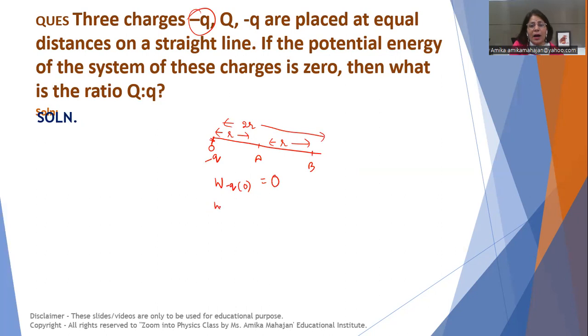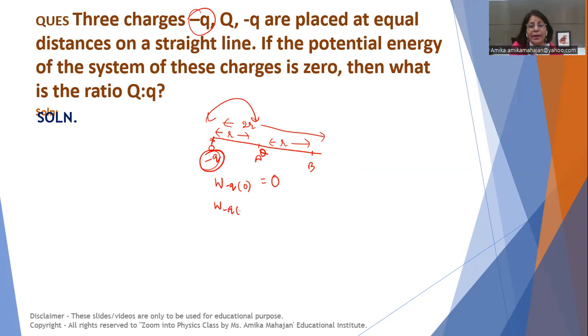Then bring charge capital Q and place it at point A. This capital Q has been brought from infinity to be placed at point A in the presence of charge -q. So there will be force between these two charges. It is being brought in the field of the -q charge, so force will be there and work done will be there.